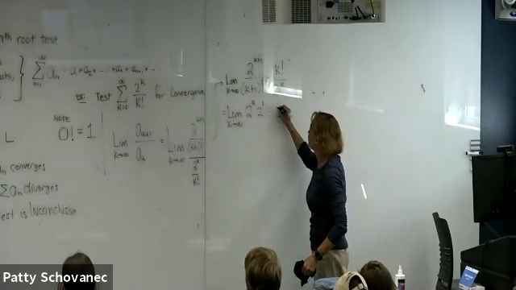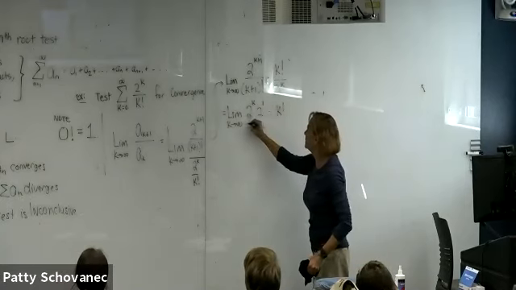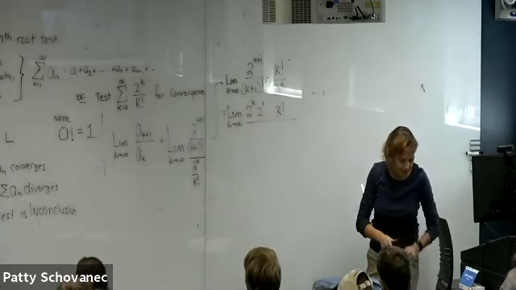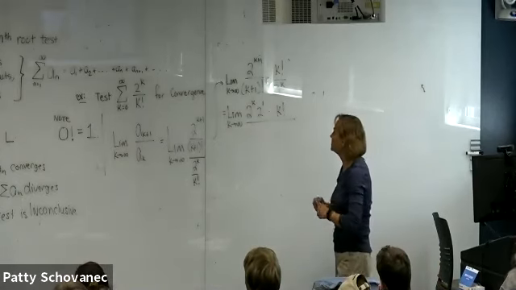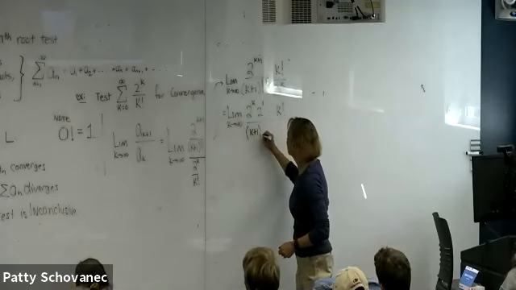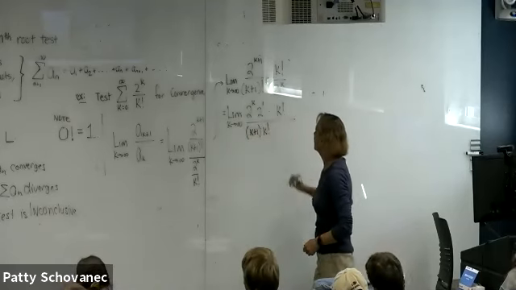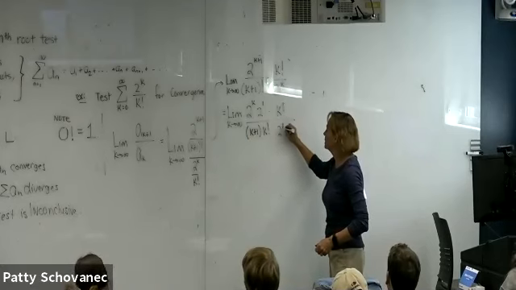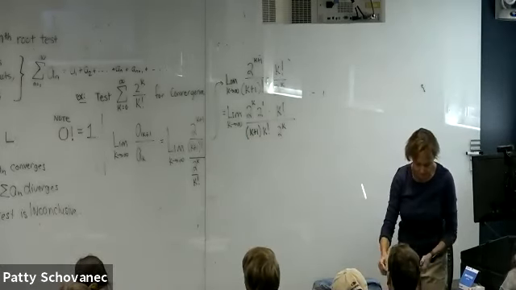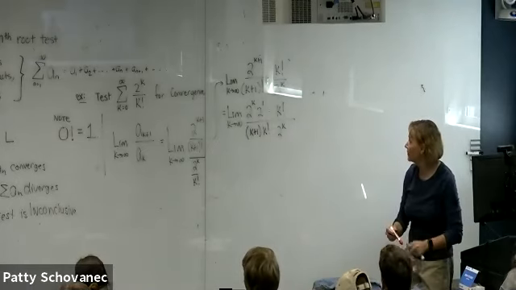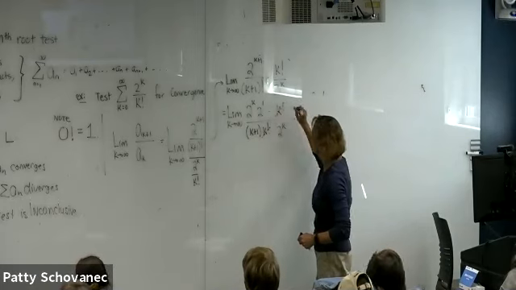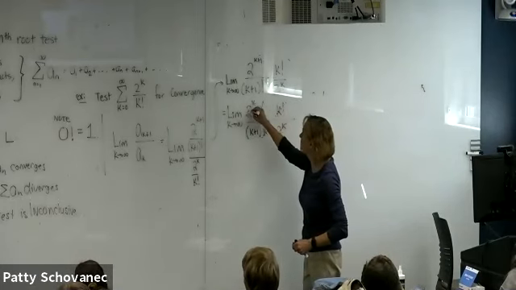And I've got a k factorial up there. Downstairs, I said I was going to write the k plus 1 factorial as k plus 1 times k factorial. And then I've got the 2 to the k. So you can see what cancels? The k factorials cancel. 2 to the k cancels.